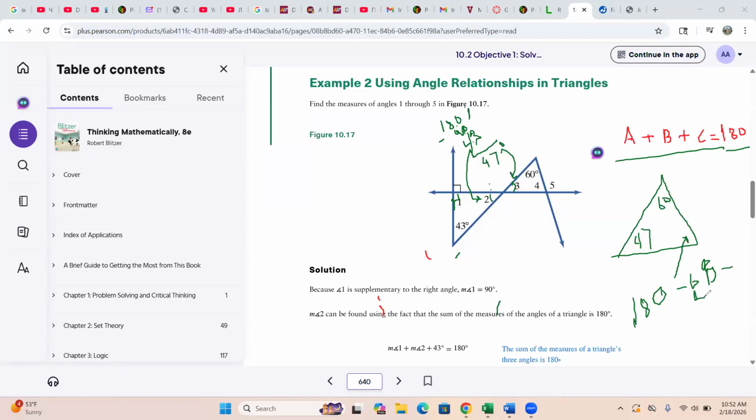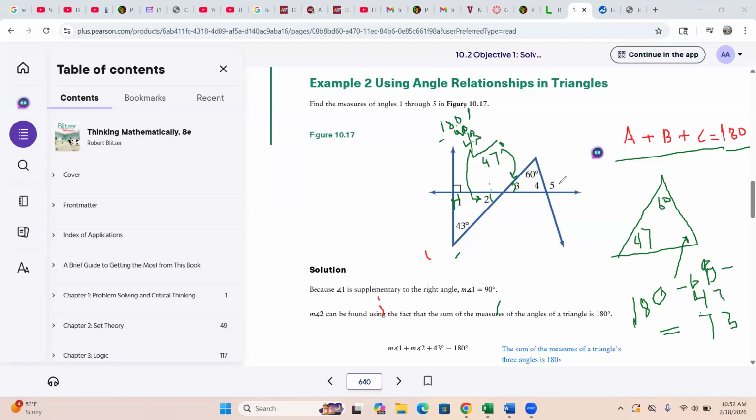So it looks like I got 107 that I subtract from 180, and as a result I'm going to get 73, I think. Please double check. 73 degrees for the last one. Okay, that's good. I found the last angle, but I need to get angle 5.